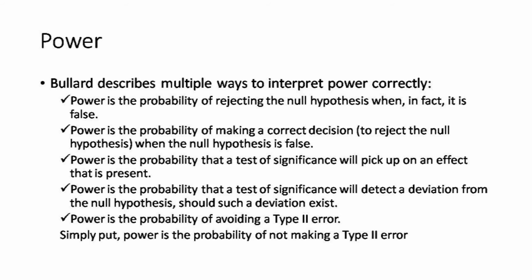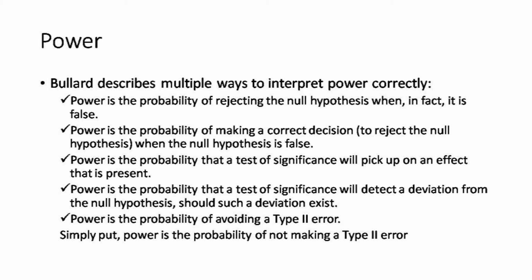Power is the probability of rejecting the null hypothesis when in fact it is false. Power is the probability of making a correct decision when the null hypothesis is false. Another way of defining power is the probability that a test of significance will pick up on an effect that is present.